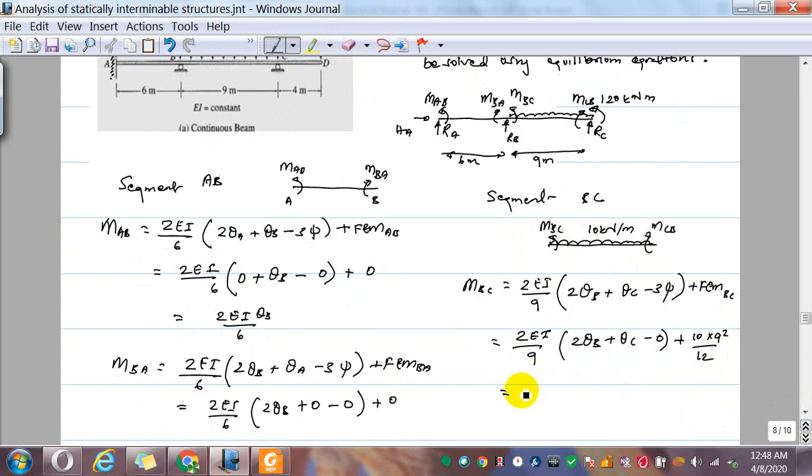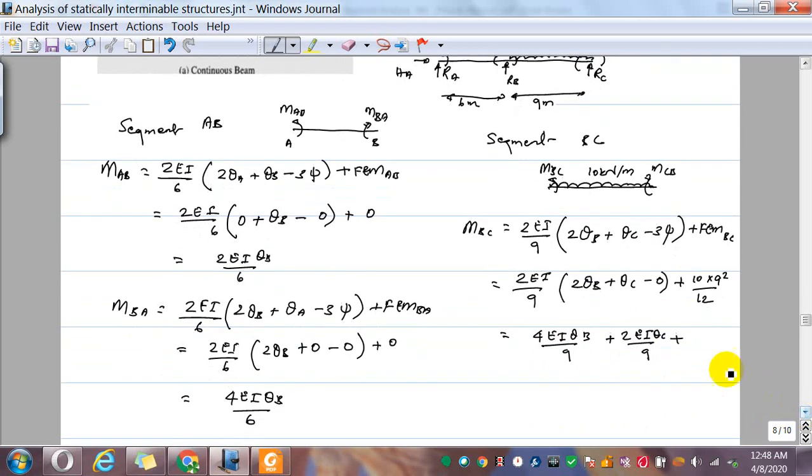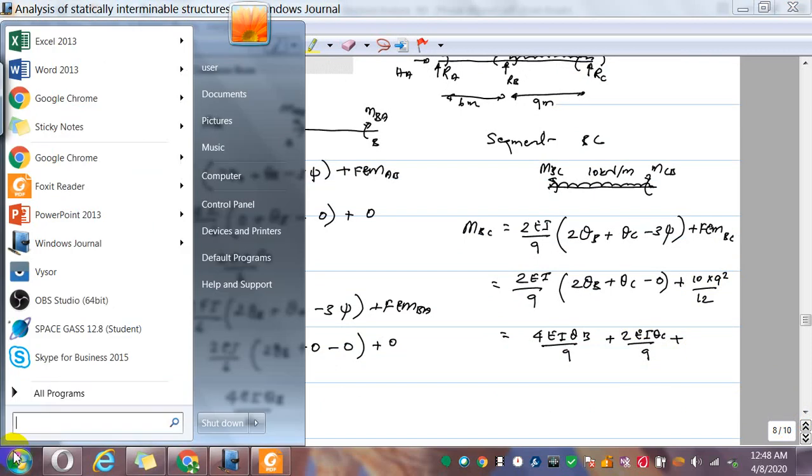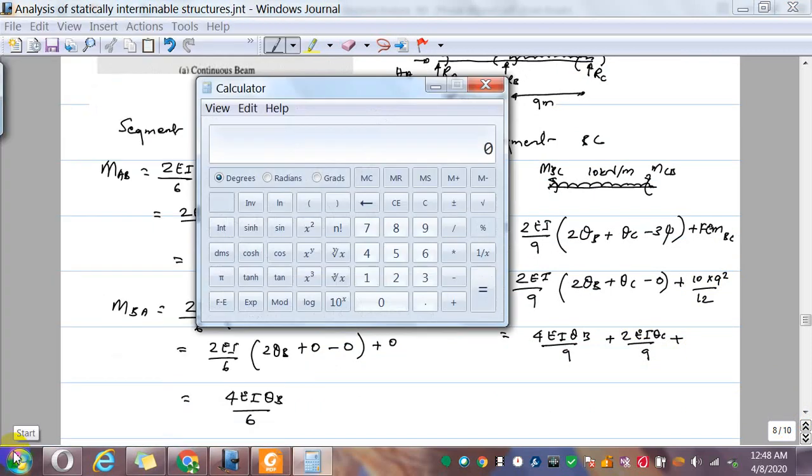So this one is 4EI theta B over 9 plus 2EI theta C over 9 plus 810 over 12. So 810 over 12 is 67.5.